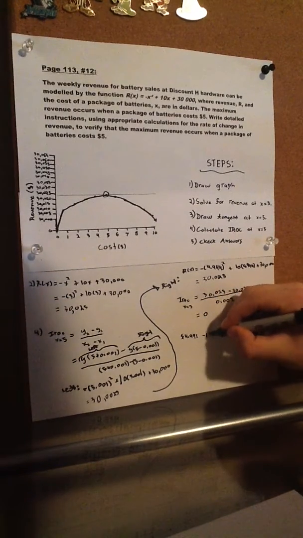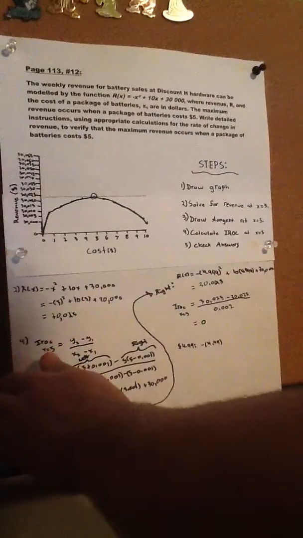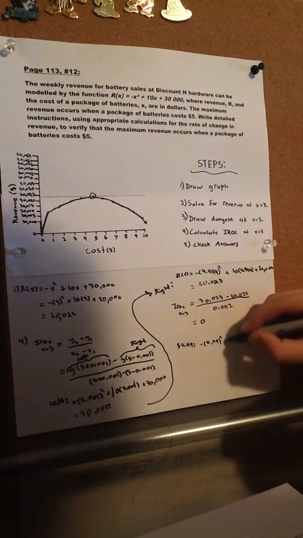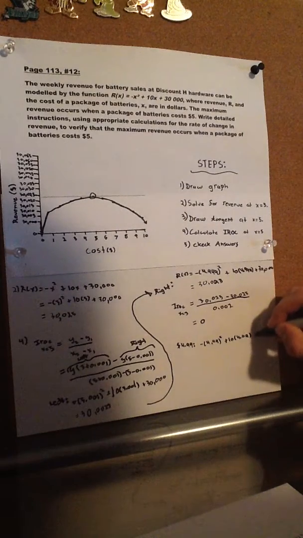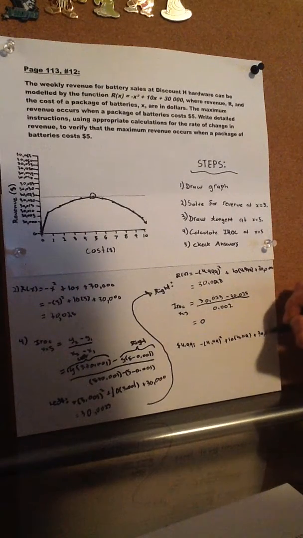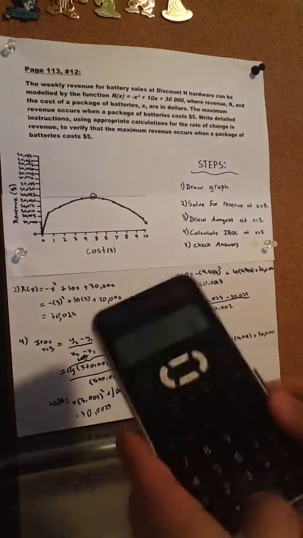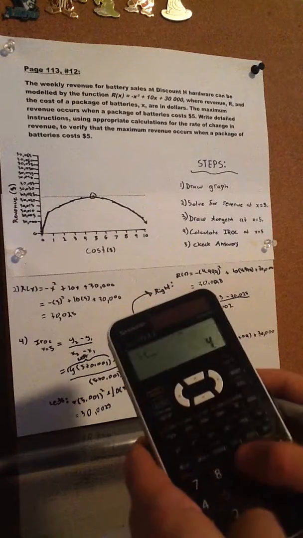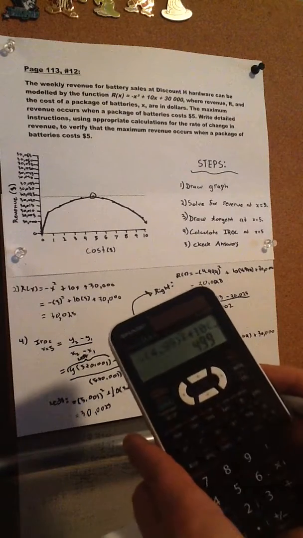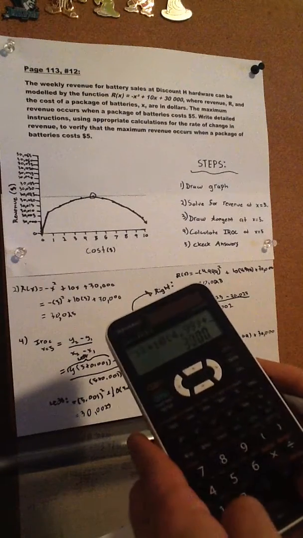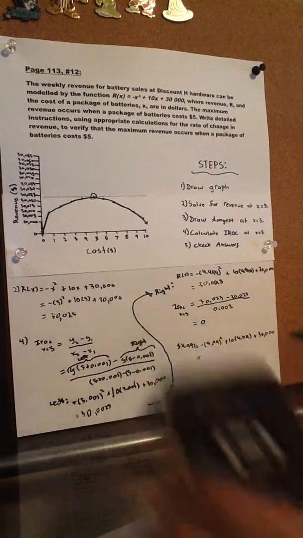So negative 4.99 squared plus 10 times 4.99 plus 30,000 equal to $30,024.99.